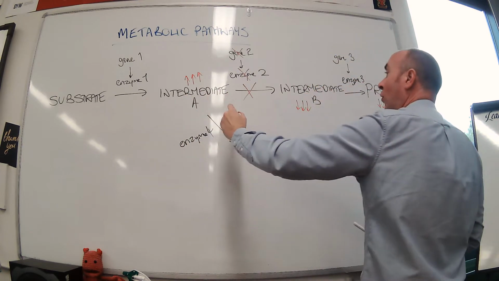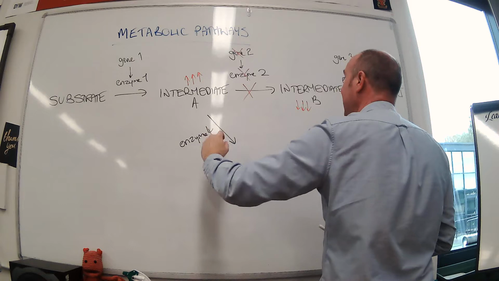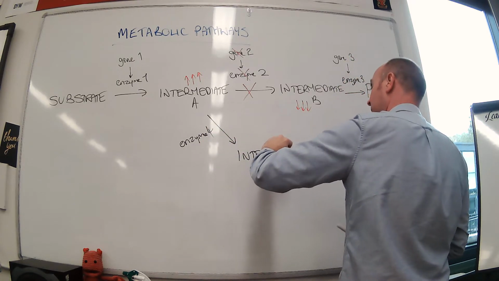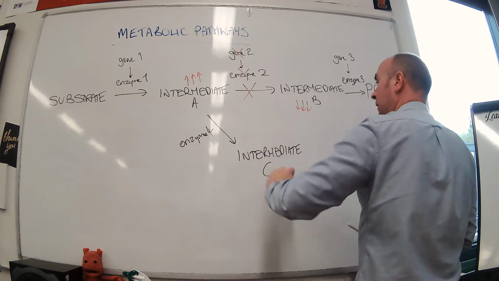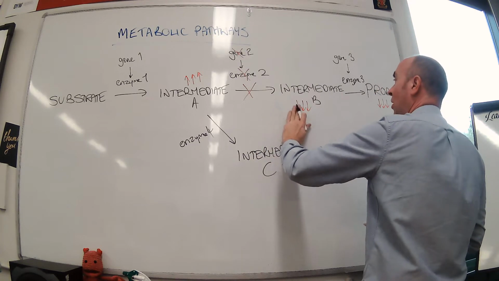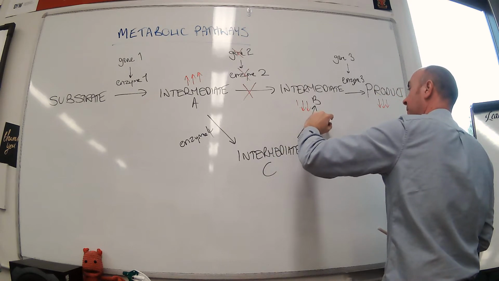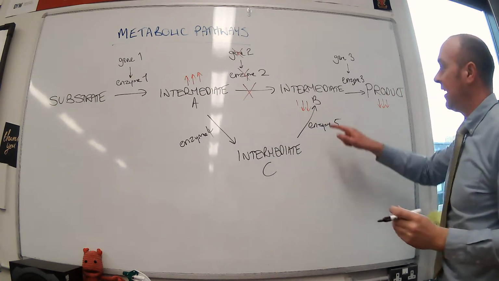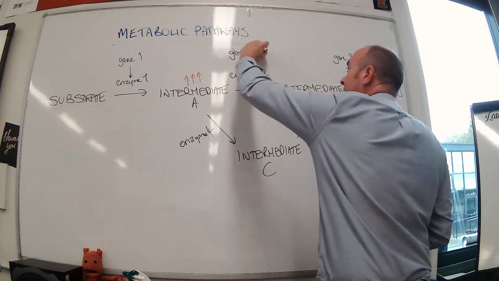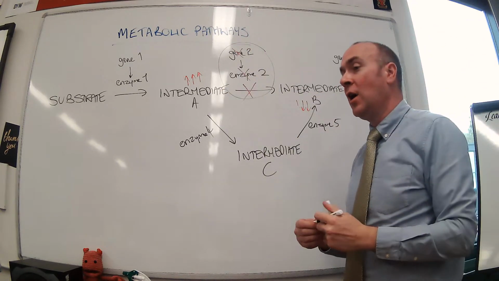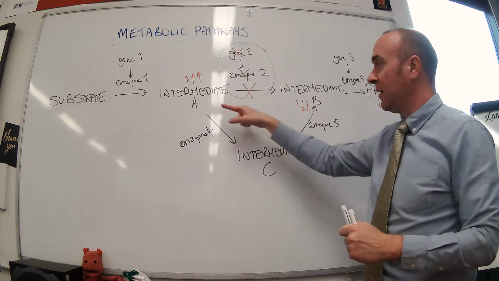And what enzyme 4 might do is act on intermediate A to form intermediate C. And intermediate C can be acted upon by another enzyme, enzyme 5, to give us intermediate B, which means we don't need that faulty enzyme. That's what we call an alternative pathway.